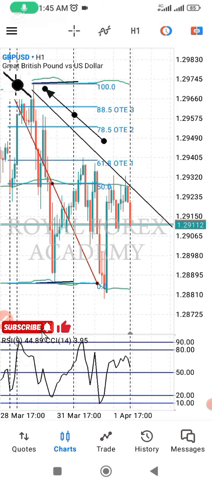And now look at this range from here to here. So you will begin to find entry only when price pulls back to any of your points of interest above 50 to 100.